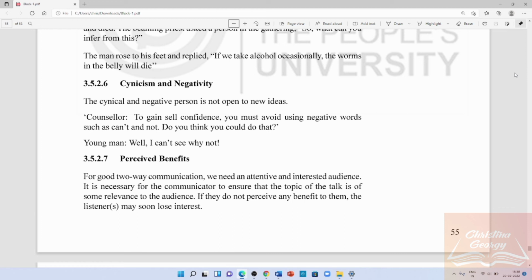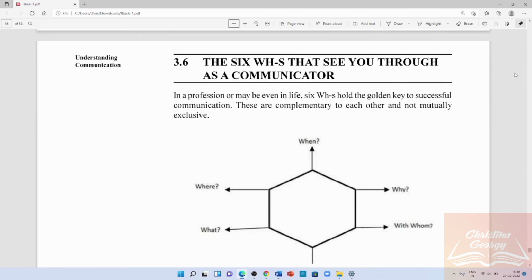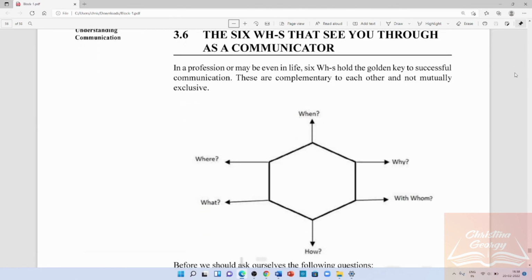Now let's look at the 6 WH words that see you through as a communicator. In a profession or maybe even in life, these words hold the golden key to successful communication. It is very mandatory for us to think: why am I communicating, with whom am I communicating, how should I communicate, what am I communicating, where am I communicating, and when am I communicating?